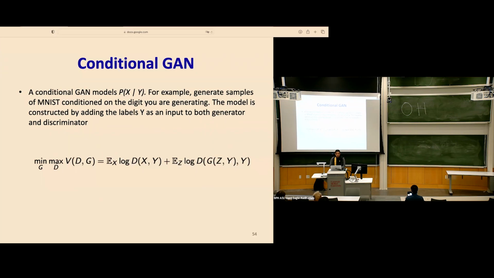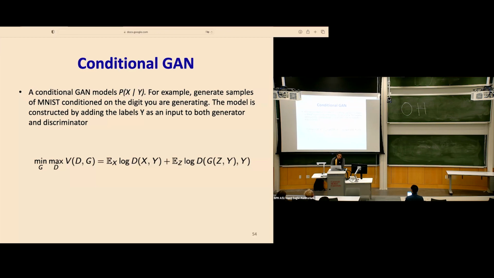For example, if you're generating samples of the MNIST dataset conditioned on the digit you are generating. This model is constructed by adding labels Y as input to both the generator and the discriminator. You can train the model in such a way that if you say, I want a number 2 or I want a number 7, then the model will generate that.